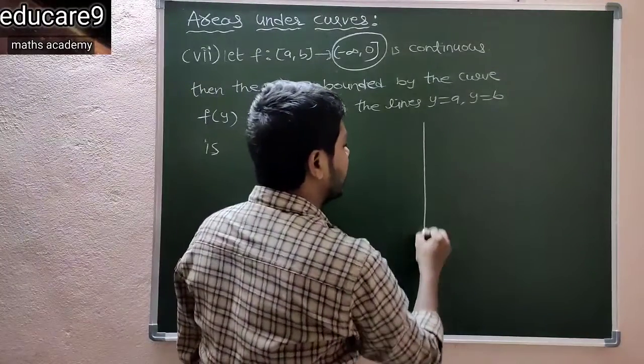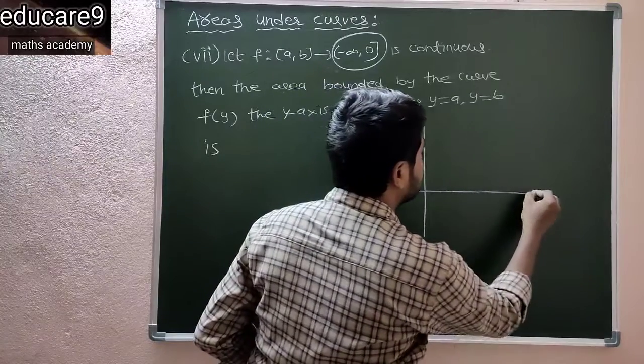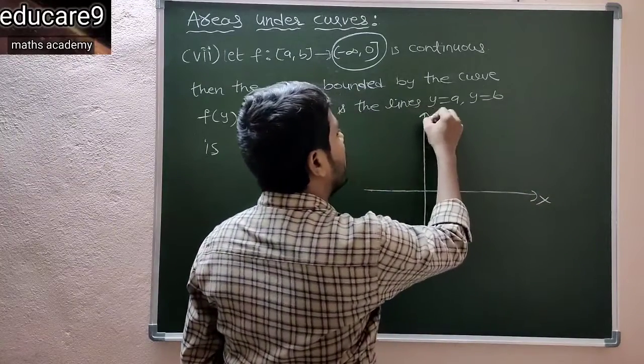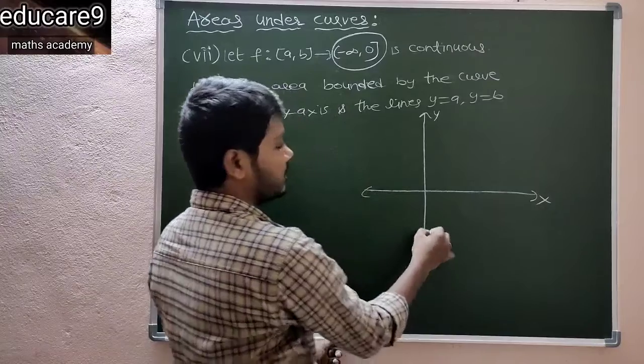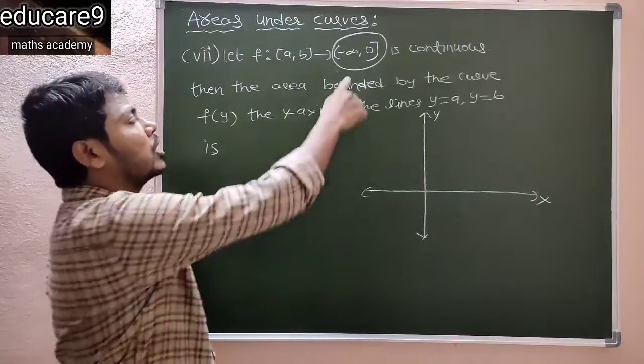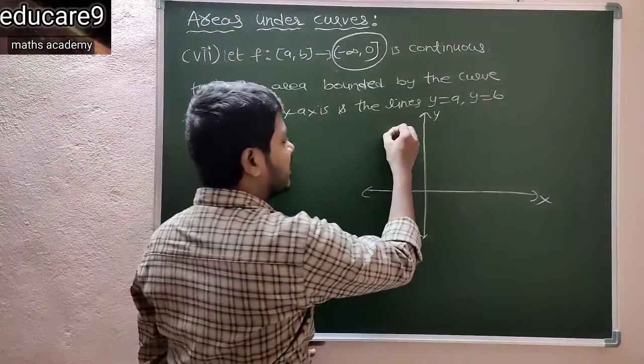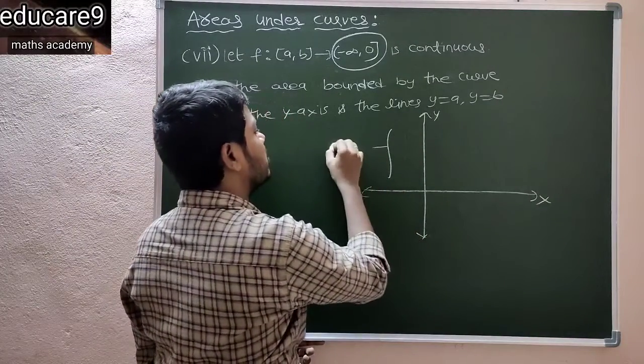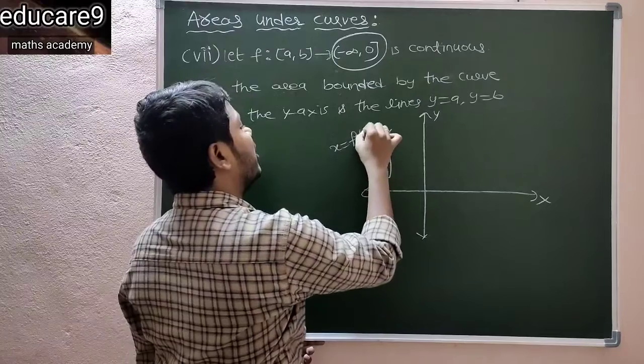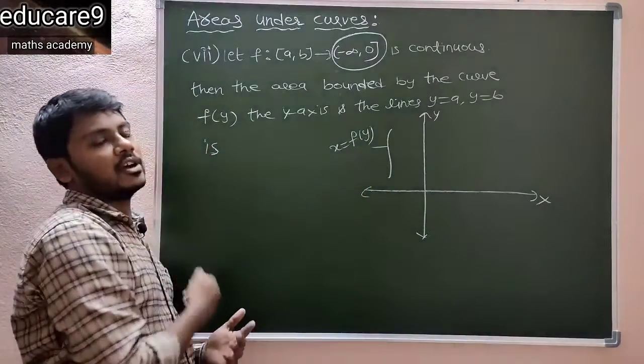So here consider the coordinate axis. This is x and y axis. Now here codomain values are negative values. So for that consider x is equal to f of y be any curve to the left of y axis.